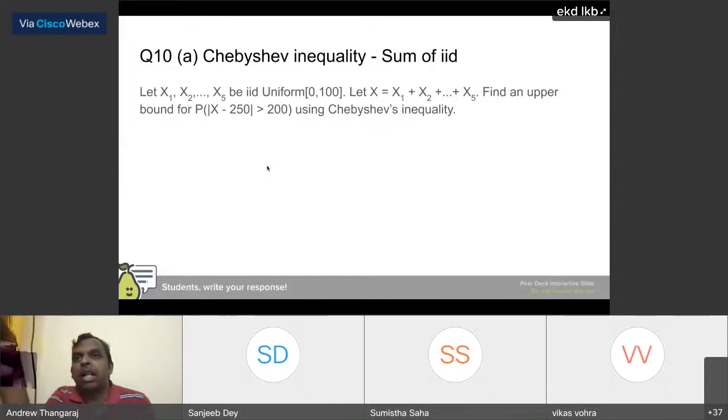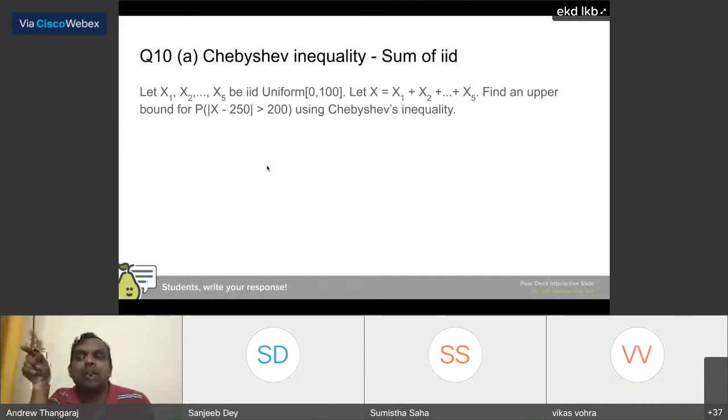So the Chebyshev inequality is: probability that the absolute value of x minus E of x is greater than t is less than or equal to variance of x divided by t squared. That's the formula. Sometimes I would have written t as some k times sigma. If you write t as k times sigma, you will get variance of x divided by k squared sigma squared, and sigma squared is the variance, so it will cancel.